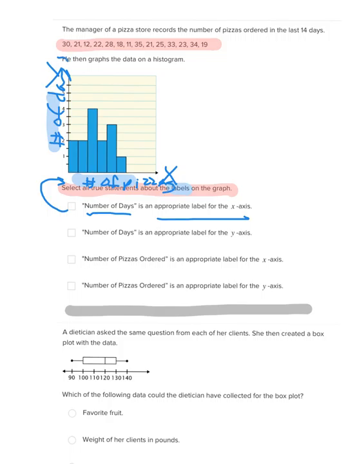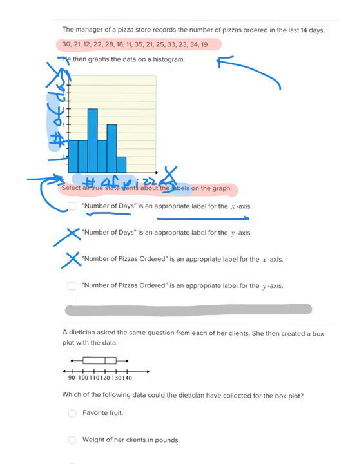Now, let's look at it and see if it makes sense. Number of pizzas, we'd have a range from 0 to 10, 10 to 20, 20 to 30, something like that going down here. And how many of these numbers fall in that range would be 1 or 2 or 3 or so on. So I think the number of days should be on the y-axis and the number of pizzas ordered should be on the x-axis.